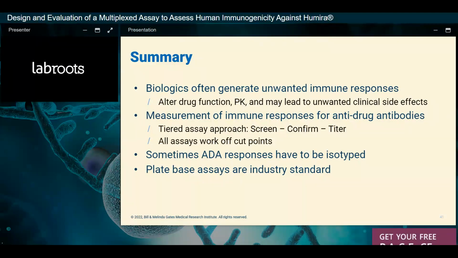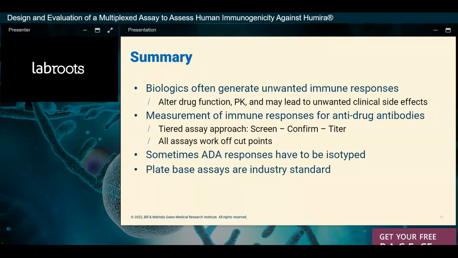So the regulatory authorities often require an anti-drug antibody assessment for all of these biologics, and that is that tiered approach where you have to do a screen, a confirm, and a titer type assay. And all of these work off different cut points because they're all qualitative results.